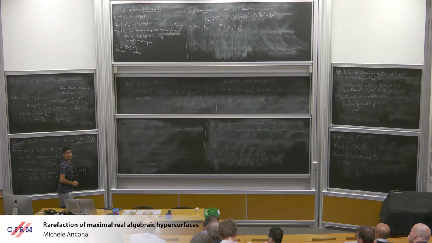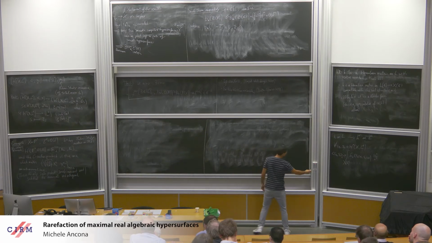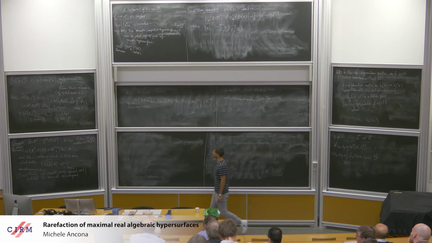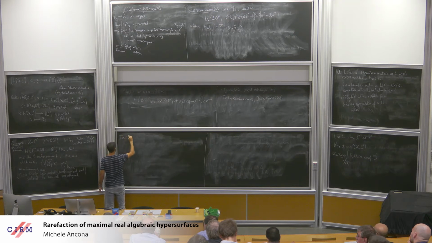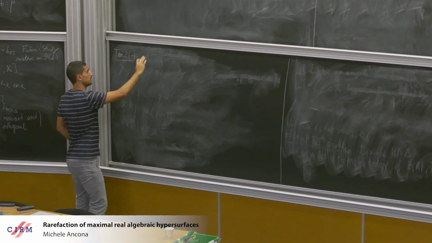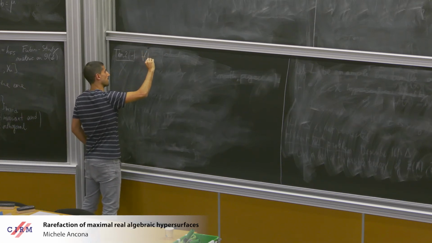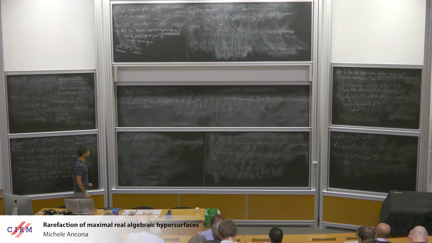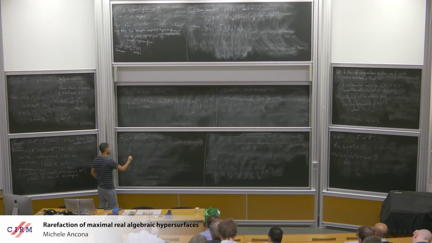So this result is actually a consequence of a more precise result, which is an approximation result as follows. So take an even integer k, and we look at the following set inside the linear system.